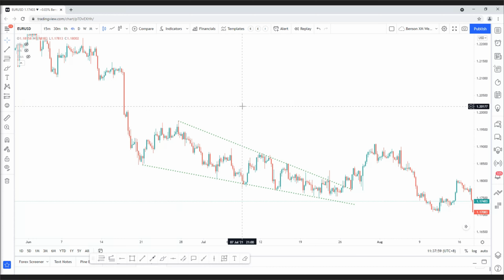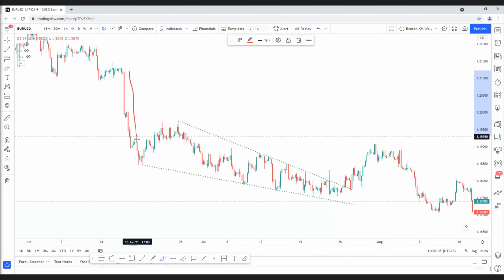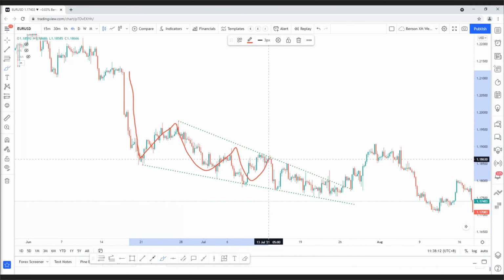Previously, EUR/USD was dropping before coming into this wedge channel, where wherever the price touches the upper trend line, it would face resistance and drop to the lower trend line support.